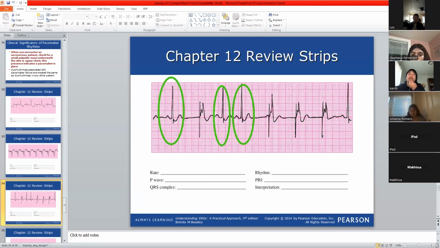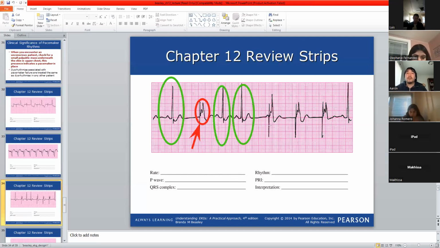Now, you mentioned this is a spike, right? Yes. Okay, let us highlight it. So this is a spike, correct. And after the spike, what do we have here? It's a P. No, after the spike is what? The QRS. Yes, QRS.